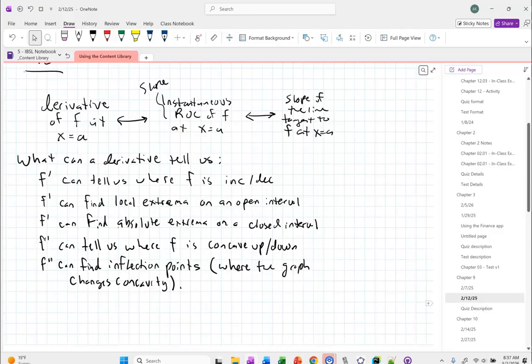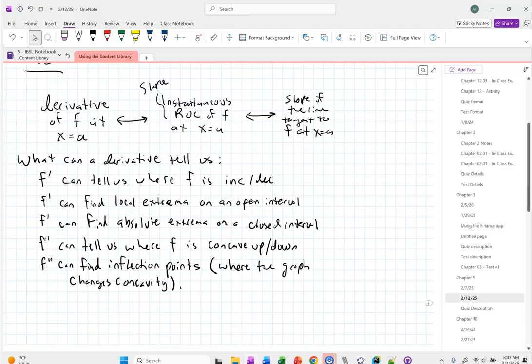Now, there's one little hitch on that. What if your function is on a closed interval instead of an open interval? What if it starts, does some stuff, and then it ends, and it's a hard endpoint? Well, those hard endpoints could also be a maximum or minimum.